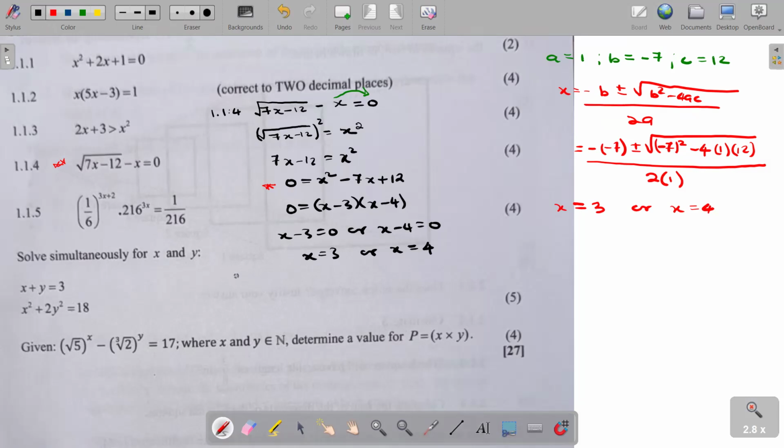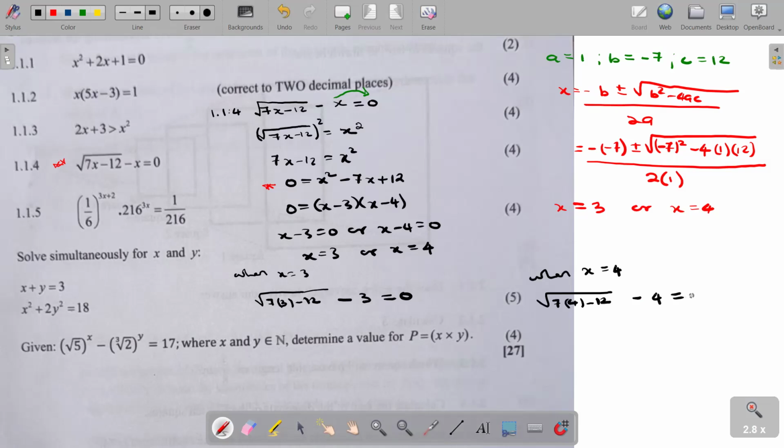When x is equal to 3, substitute 3: 7 times 3 minus 12, then minus 3 equal to 0. We also have to test when x is equal to 4, meaning we substitute 4, so it's going to be 7 times 4 minus 12 minus 4 is equal to 0.